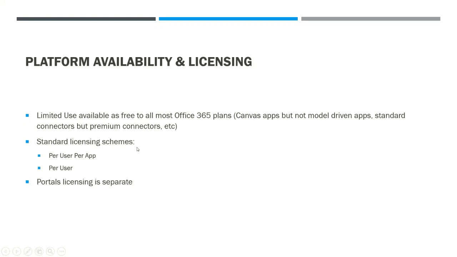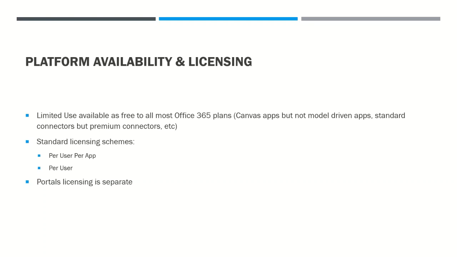And then there is a standard licensing mechanism as well. If you are not on 365 or you want to use the full range of Microsoft Power Platform features, then there are two types of licensing schemes. One is called per user per app, and the other is called per user licensing. Per user per app means you want to use just one app, and there are 15 users for that app, so they will be spending a few dollars every month.